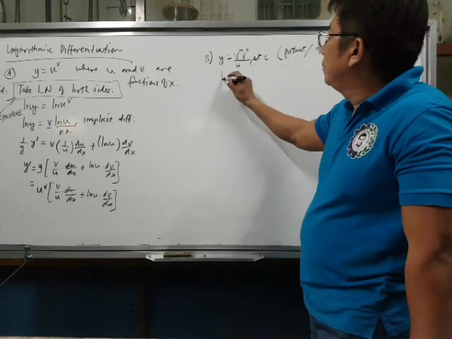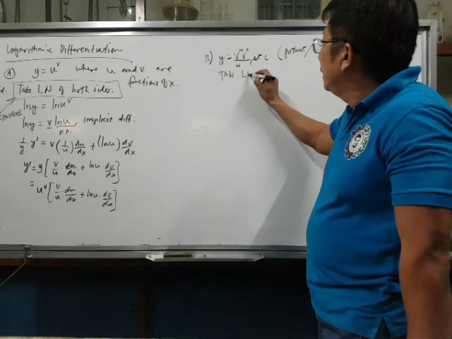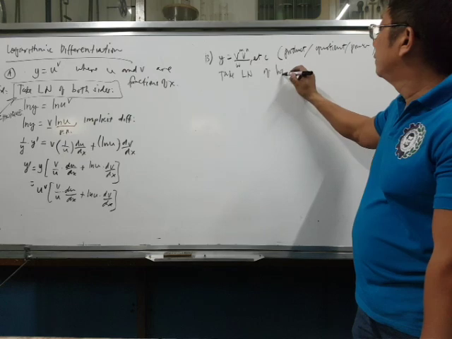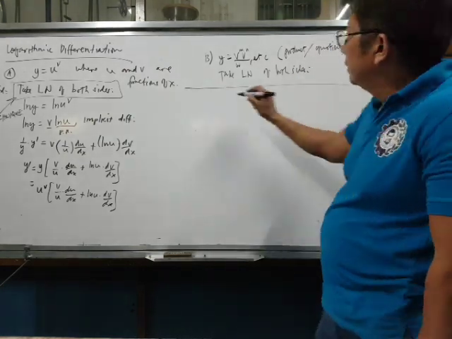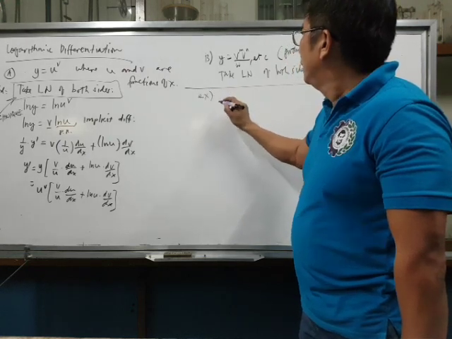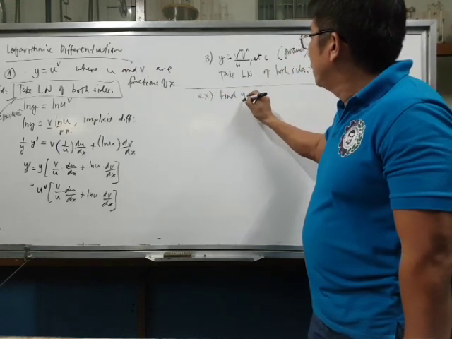So, you always start by taking the natural logarithm of both sides. Okay? So just to give you a few examples, let's calculate y prime.